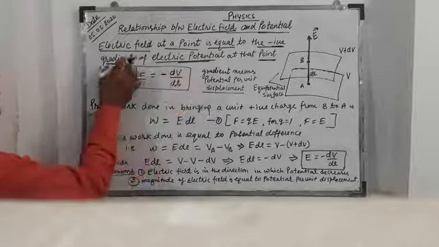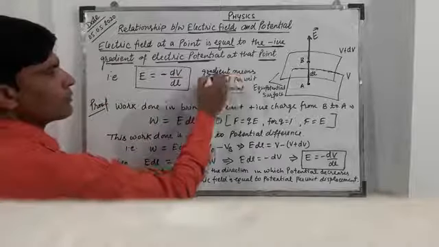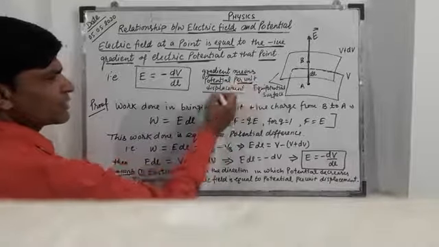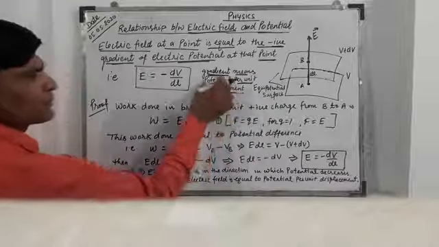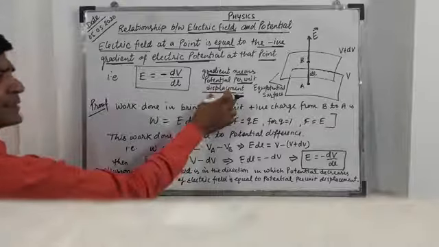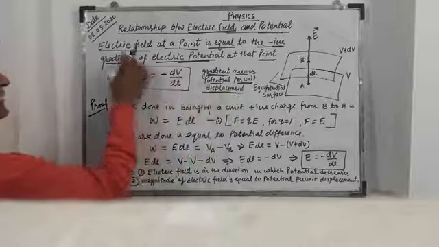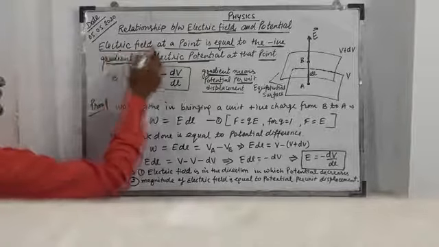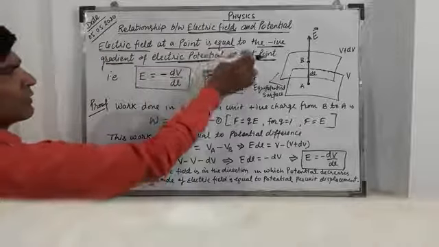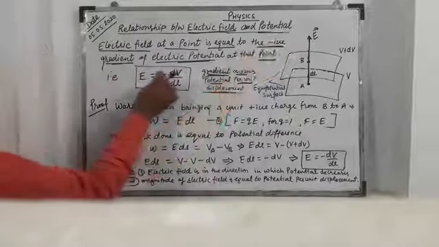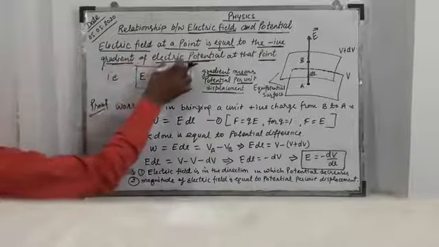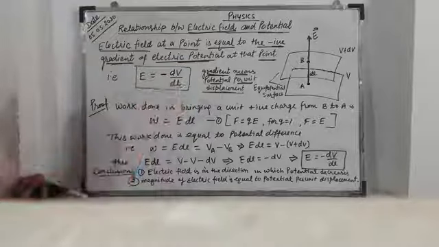This is known as gradient. Gradient means potential per unit displacement. If the potential is divided by displacement, then we get gradient. So once again, electric field is equal to negative of gradient of electric potential.